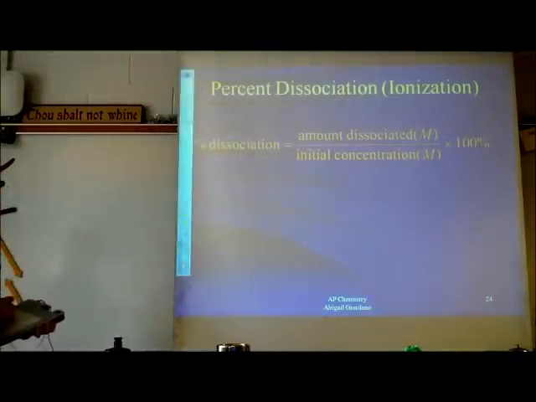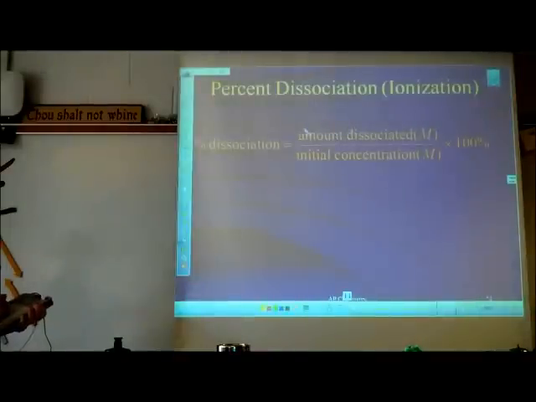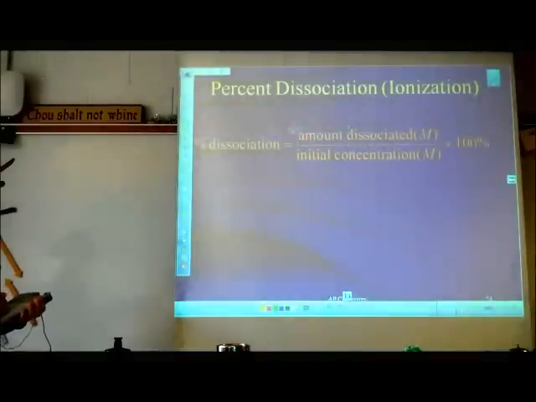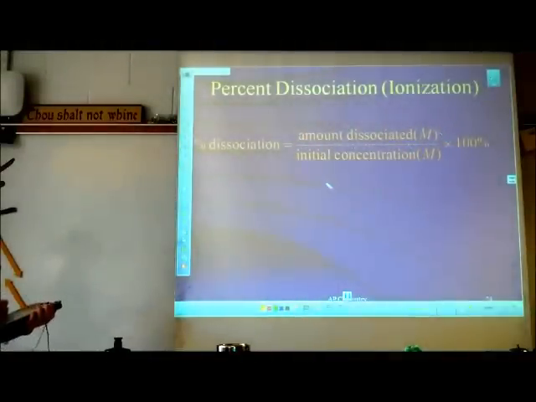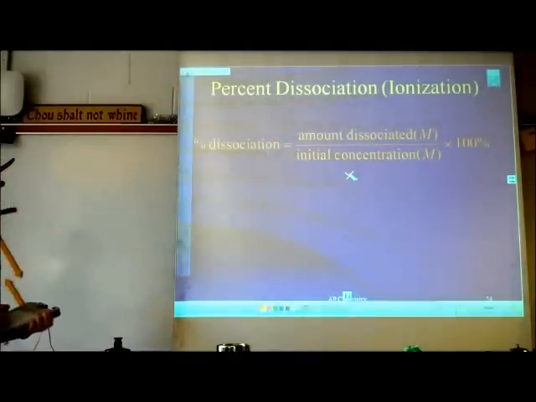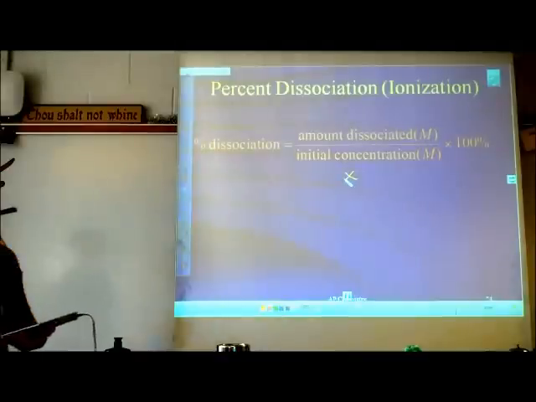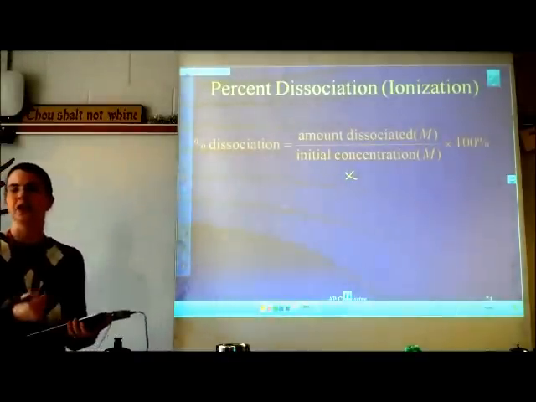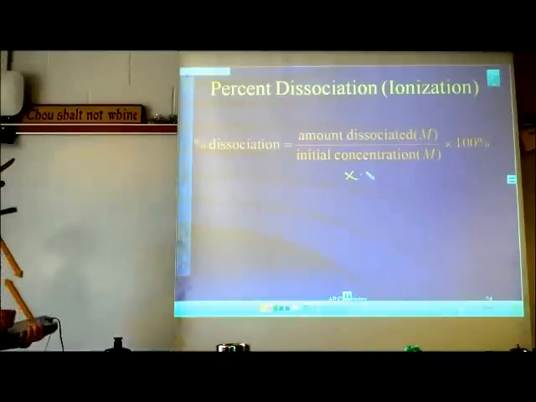Percent dissociation, what's in the numerator here, amount dissociated, is whatever you found X to be equal to. So you go in your calculator, you graph it, you find the intersection, whatever X comes out to be, that's what you put in the numerator.